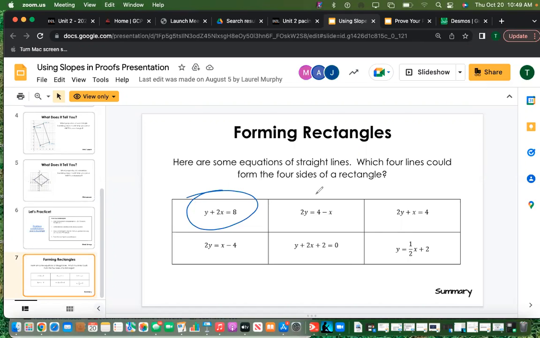Logan, what's the other two? y equals 1/2 x plus 2. Y plus 2x plus. Fantastic. So how did you know?